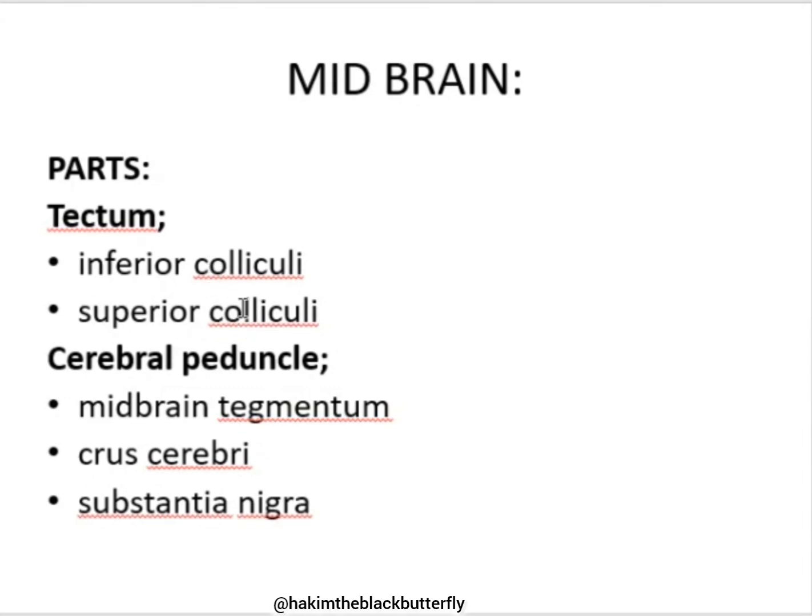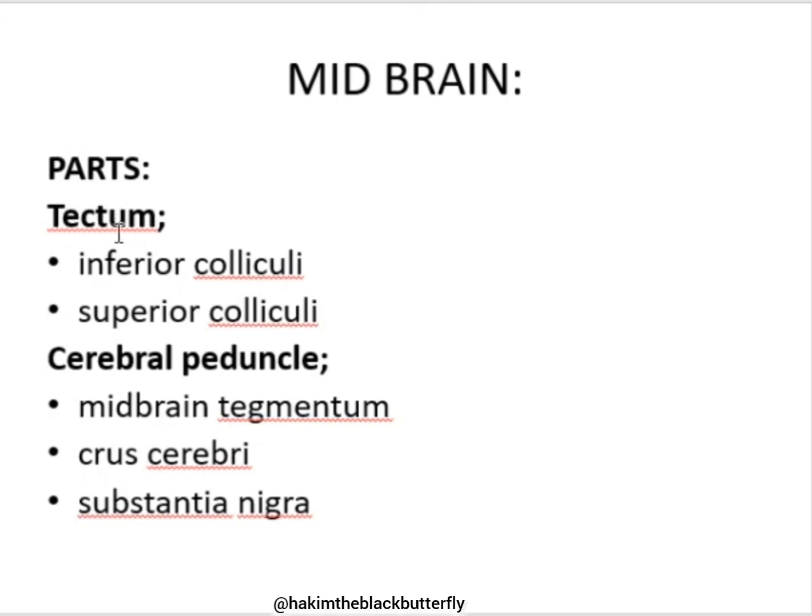The two bulges superiorly are known as the superior colliculi, which are part of the visual pathway controlling visual reflexes, and the two bulges inferiorly are known as the inferior colliculi, which are part of the auditory system and control auditory reflexes. So these pairs of bulges are located on the posterior part of the midbrain, which is known as the tectum.